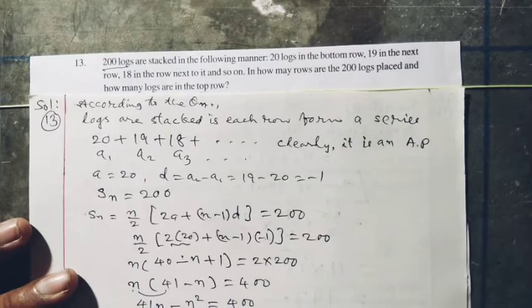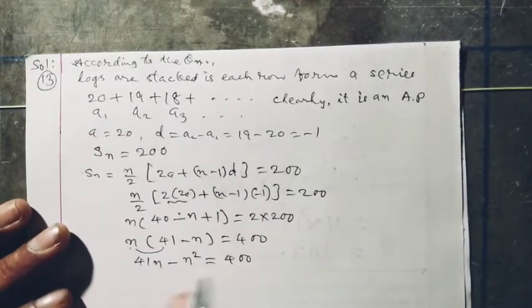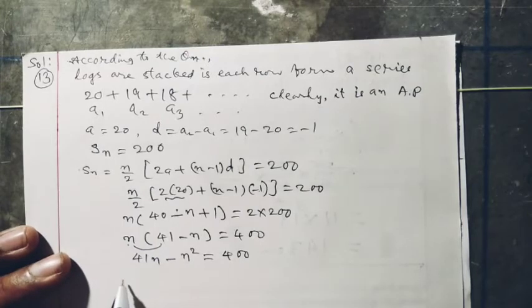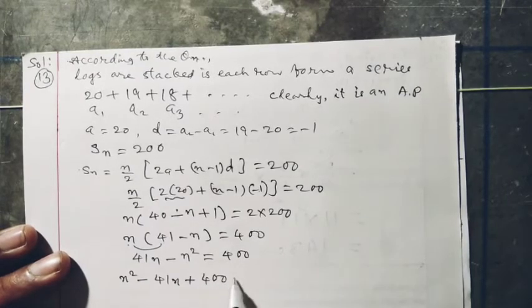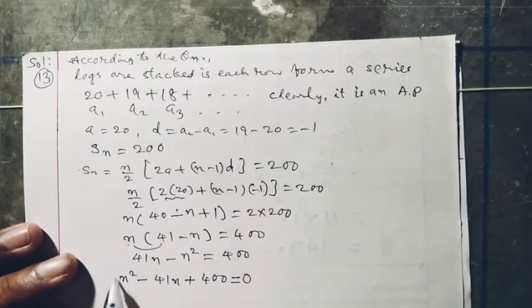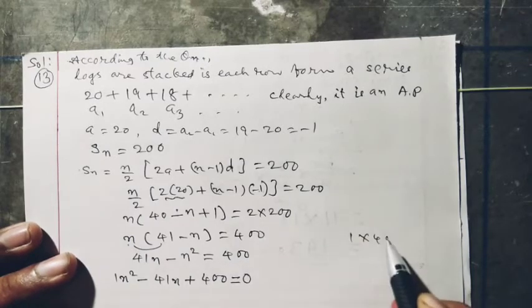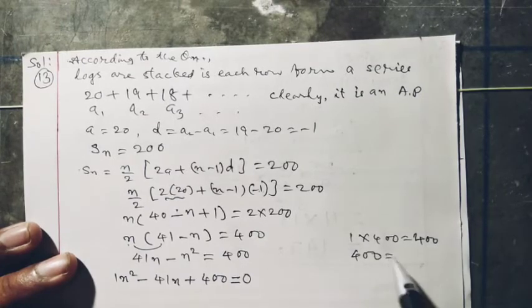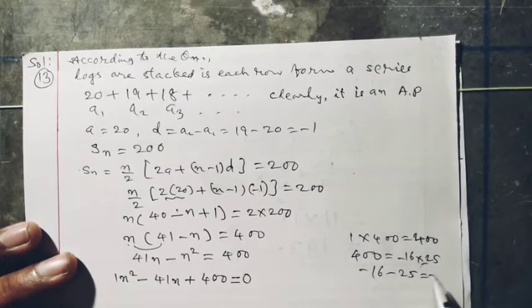So we have to shift these to the other side: n square minus 41n plus 400 is equal to 0. We have to factorize this. 400 is 16 into 25, both are minus, and minus 16 minus 25 is equal to minus 41.